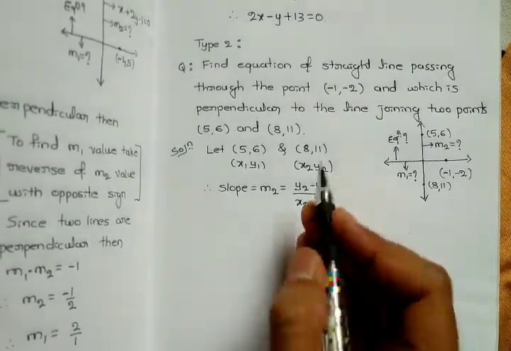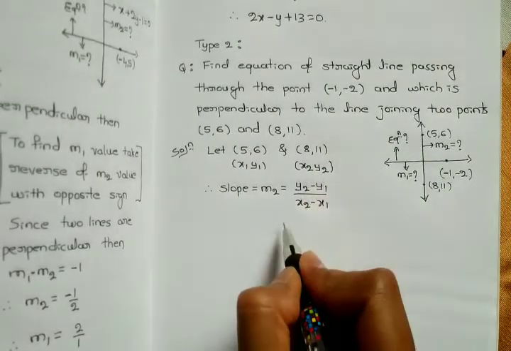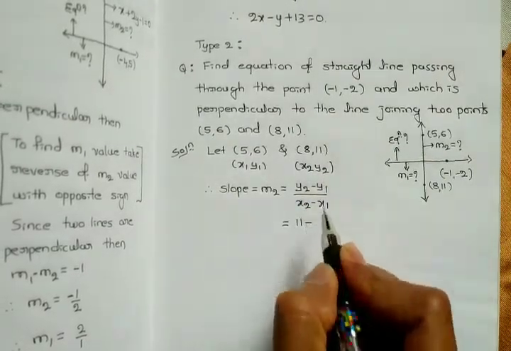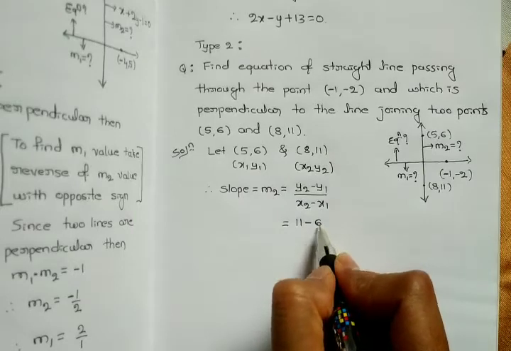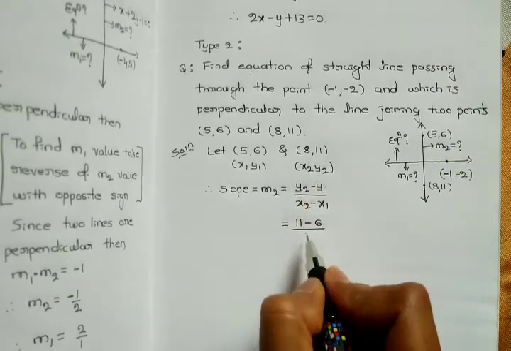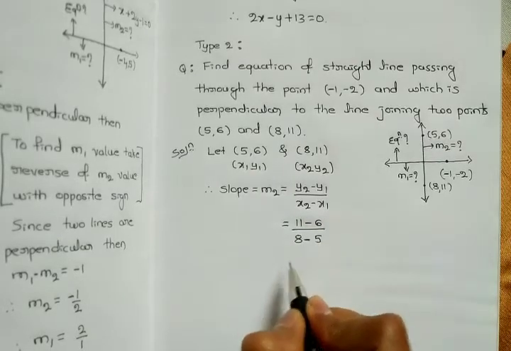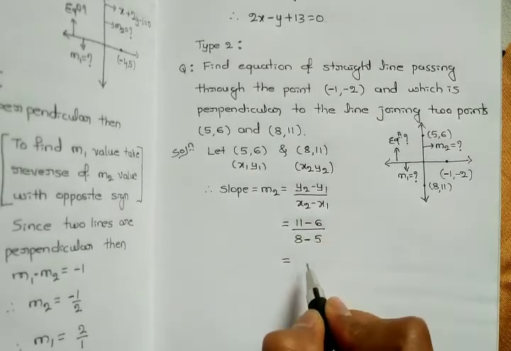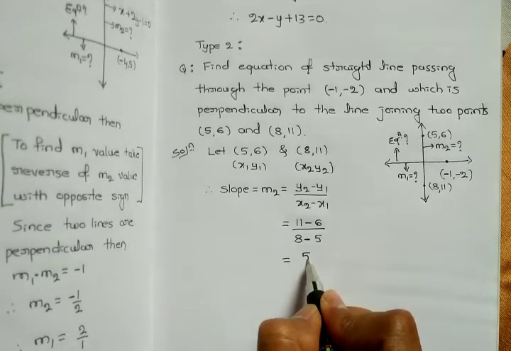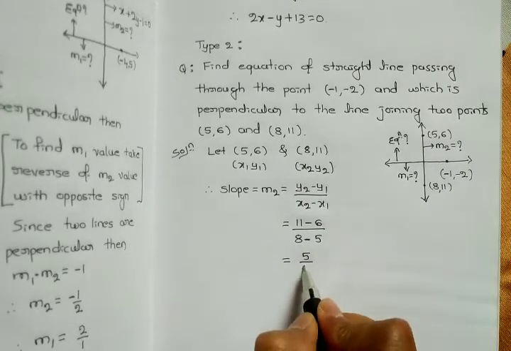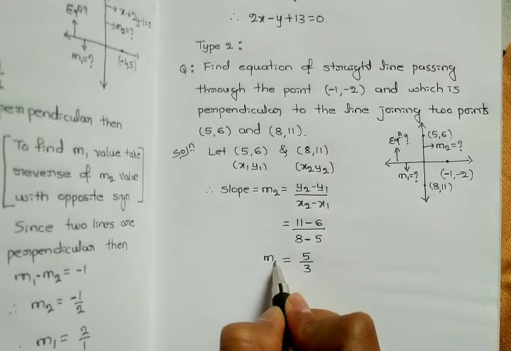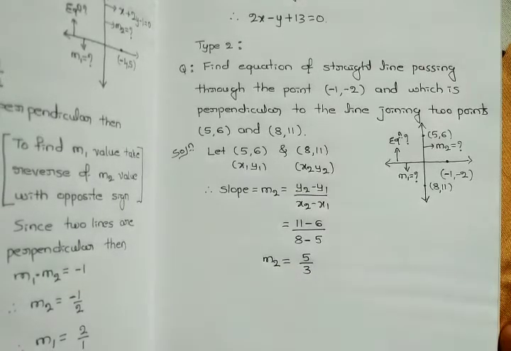Okay, so next substitute. y2 is 11 minus y1 is 6, divided by x2 is 8 minus x1 is 5. Therefore 11 minus 6 is 5, divided by 8 minus 5 is 3. So this is the value of m2.